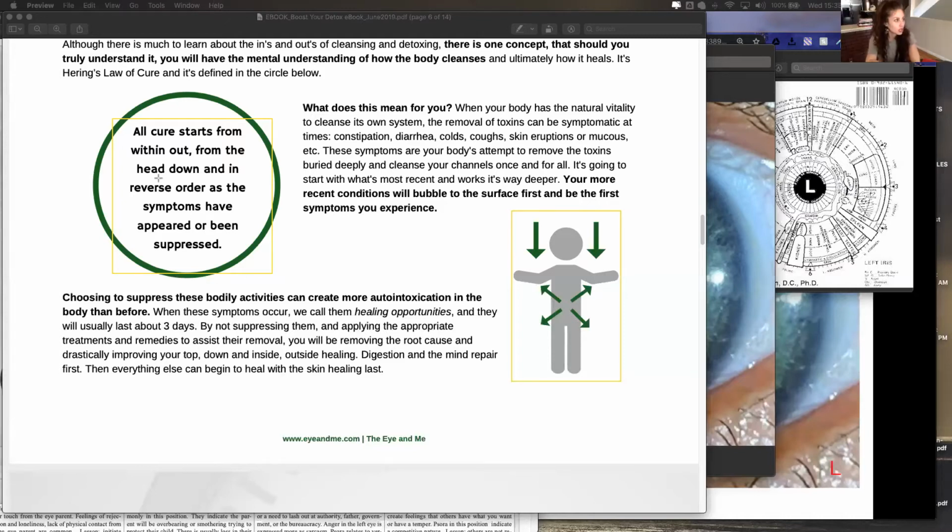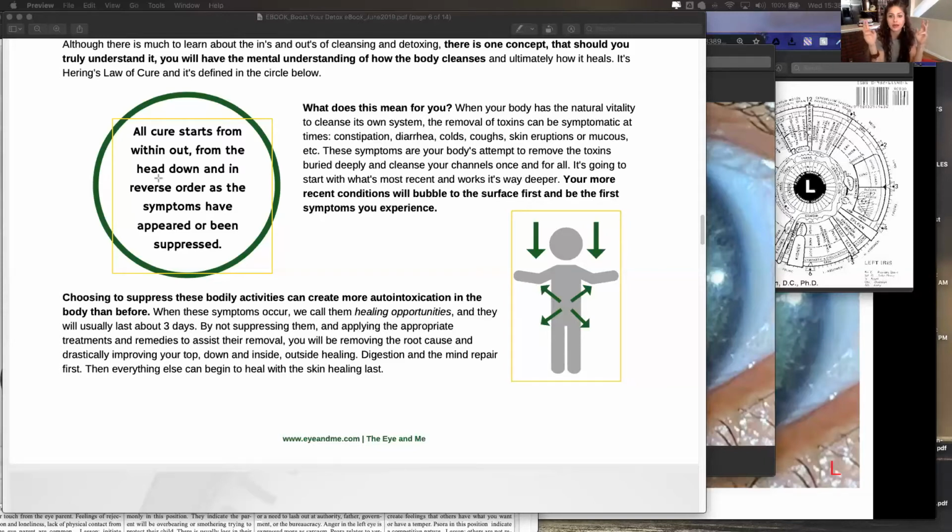So autointoxication means the body is holding on to more toxins than it can get out at a time. And when the body is in that state, it will try to get toxins out. The symptoms that come as a result of the body trying to get toxins out are always referred to as a healing crisis.